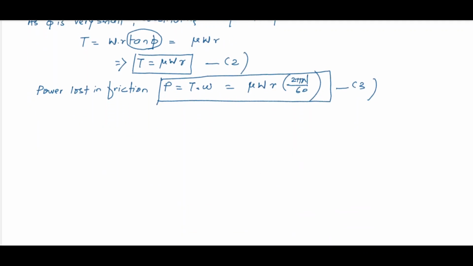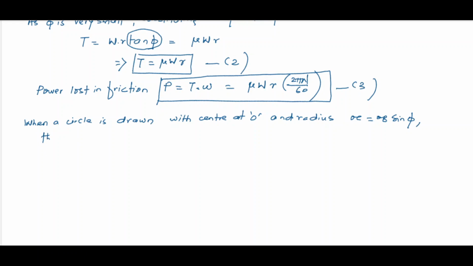When a circle is drawn with center at O and radius OC, which is equal to OB sin phi, then this circle is known as the friction circle.